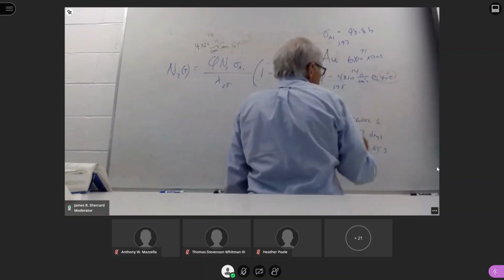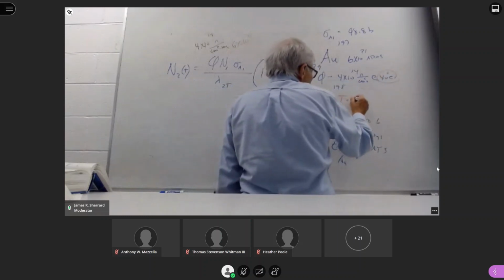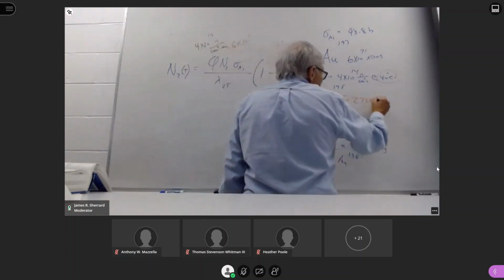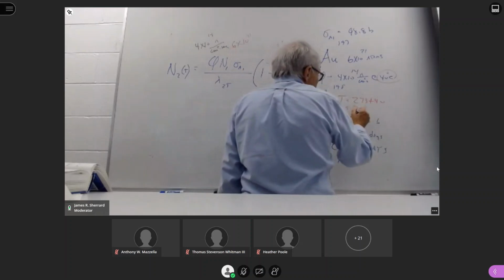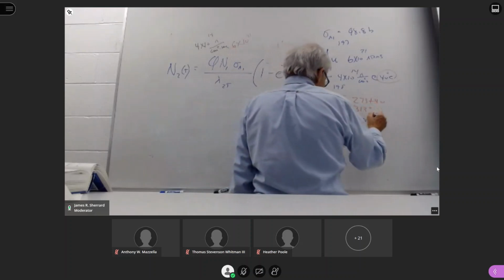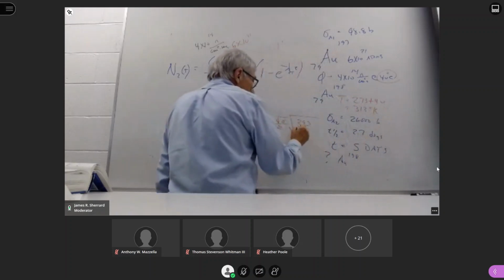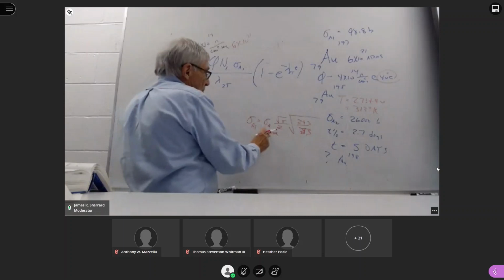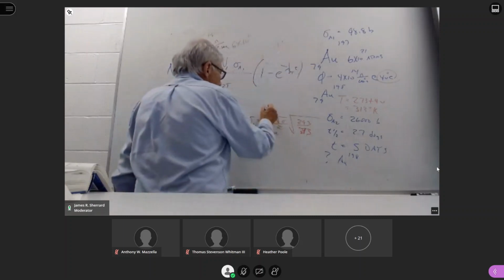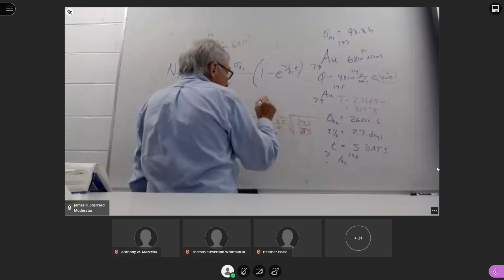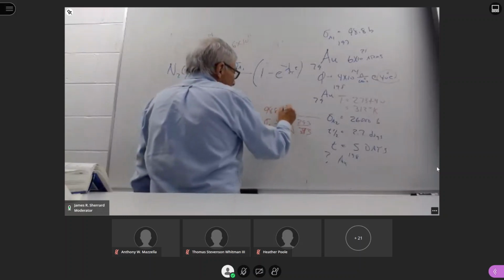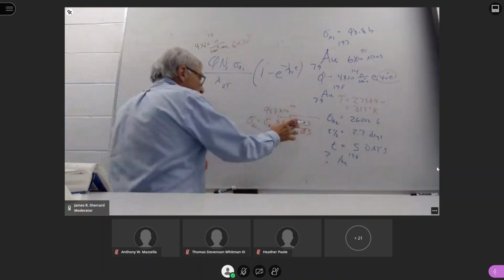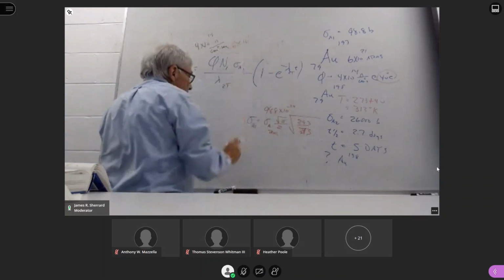T we said was 40 degrees C, but T is going to be 273 plus the 40, which is going to be 313 degrees K. So in here we're going to put 313. The absorption value for thermal for gold, our target, is 98.8 barns. We have to correct that by 10 to the minus 24th to get it in the correct units. So this is what goes in here.